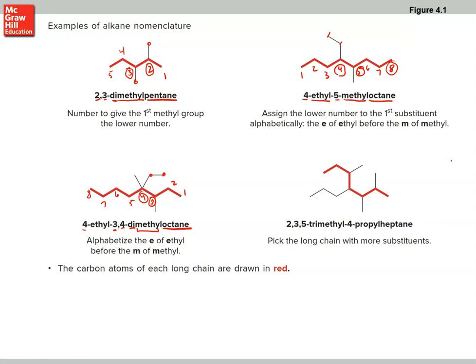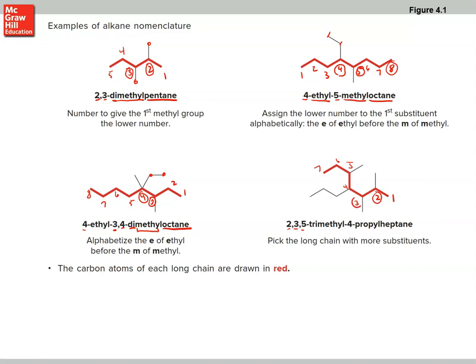And for the lower right, it looks a little bit tricky because we have a movement of where these are. We might think that this would be the longest chain, but here we get the chain with the most number of constituents. It would go this way rather than just straight across. So it's a little bit trickier to visualize that. And we would start the numbering on the right side. So 1, 2, 3, 4, 5, 6, 7. And we have a 2, 3, 5.